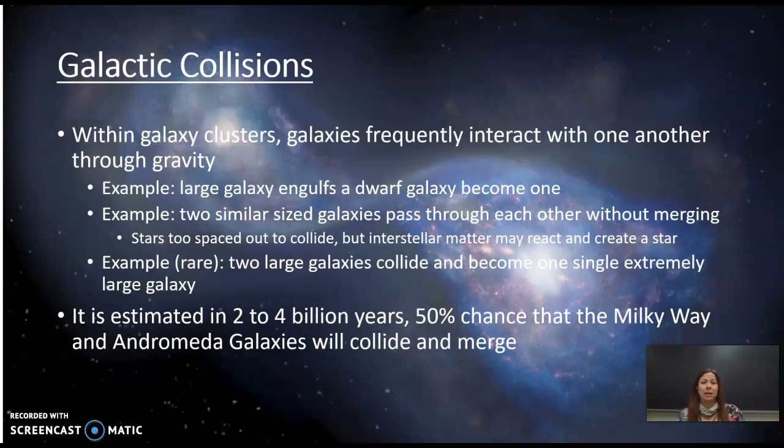It is estimated that in 2 to 4 billion years, about the time our sun will be winding down, there's a 50% chance that the Milky Way and the Andromeda galaxies will collide and merge. They are considered most likely to be this second example, where they just pass through each other without merging, or actually merging and creating a super large galaxy.